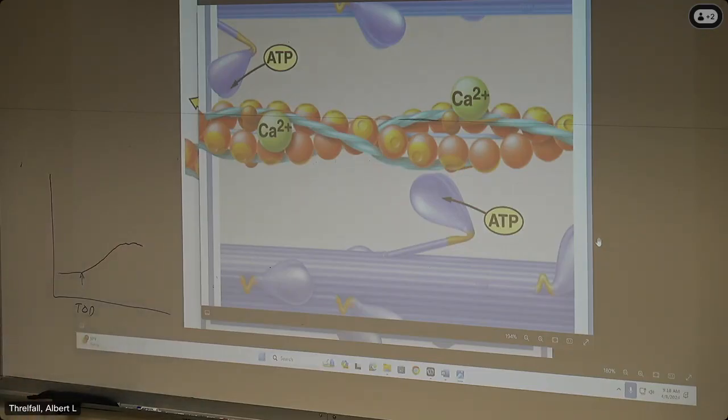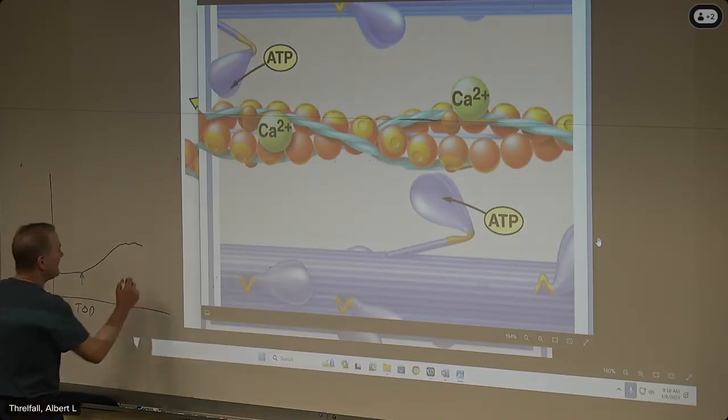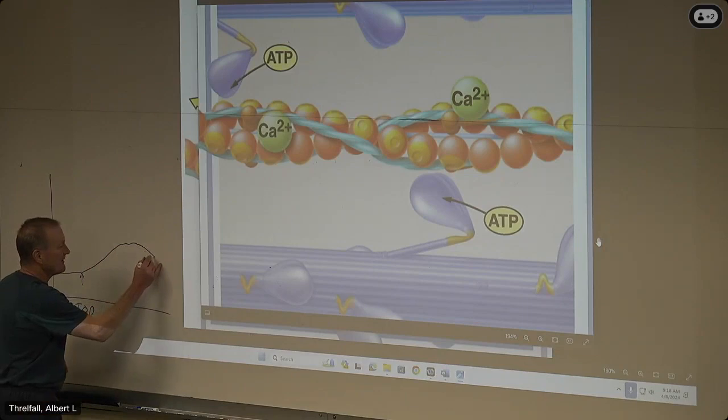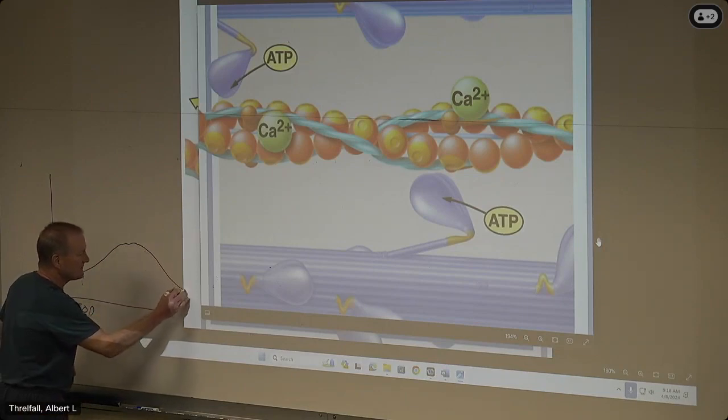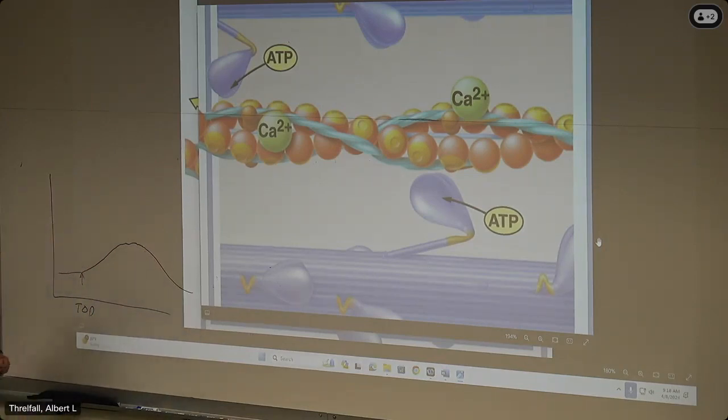Decay. It's like the roast that you left on the kitchen counter. You forgot it, went away for spring break. You came home 10 days later. So when decay sets in, the rigor begins to subside. And so the coroner can estimate the time of death by the state of the rigor.